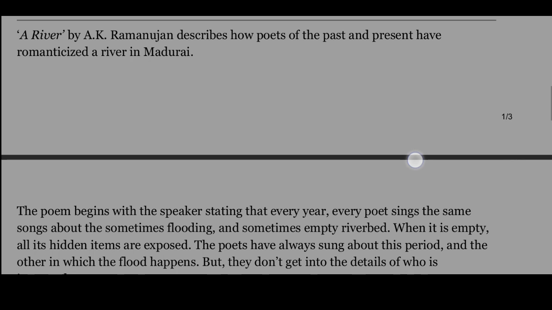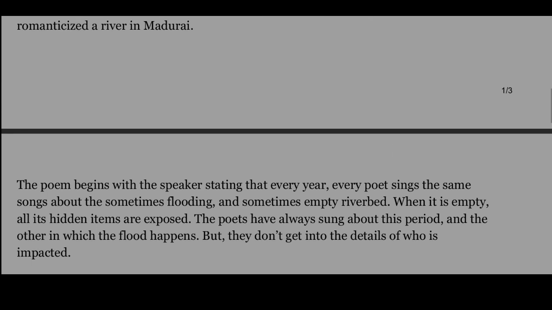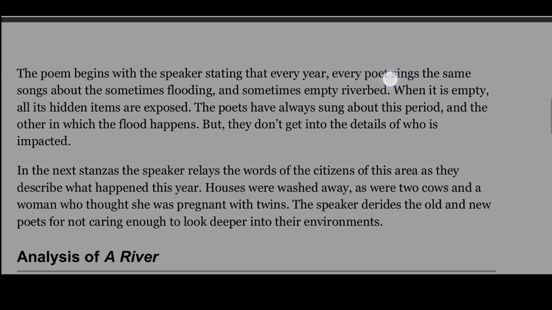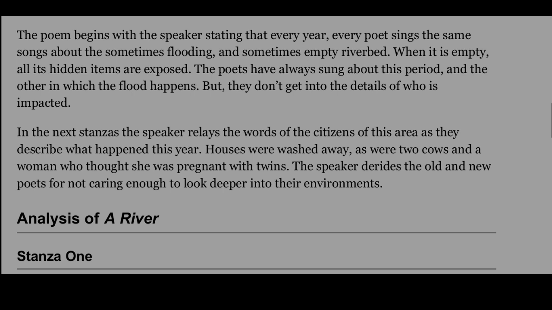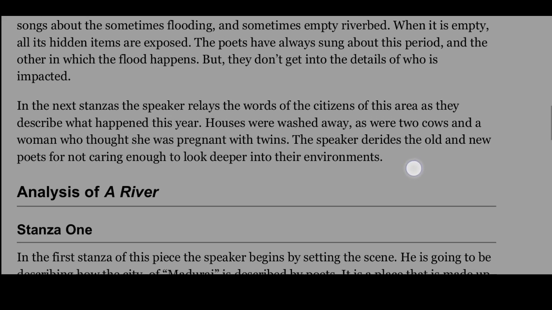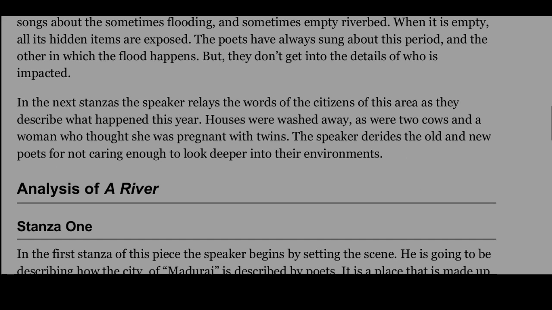A River by AK Ramanujan describes how poets of the past and present have romanticized a river in Madurai. The poem begins with the speaker stating that every year every poet sings the same song about the sometimes flooding and sometimes empty river.